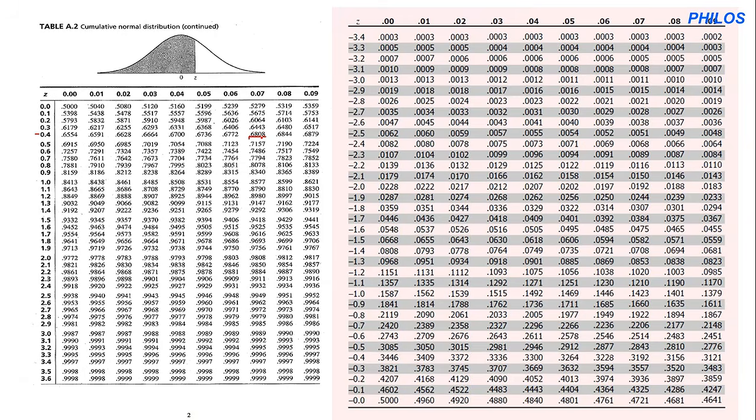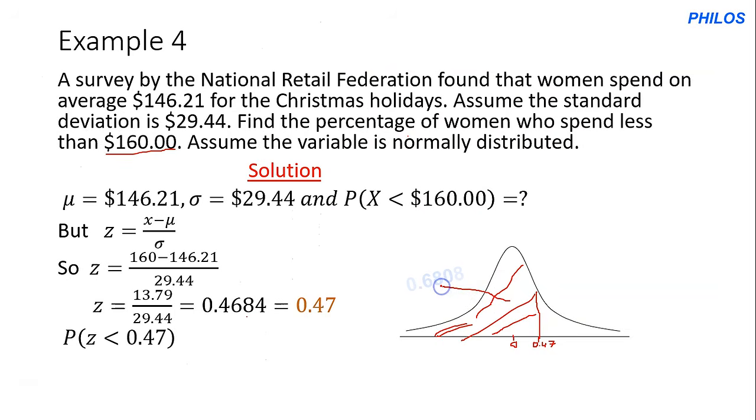Now remember, I told you that whenever you check a positive z-score on a positive z table, the answer you get represents the left. Okay, so this 0.6808 means area to the left. And that is where we need, isn't it? So the probability that z is less than 0.47 is 0.6808. That is the answer.